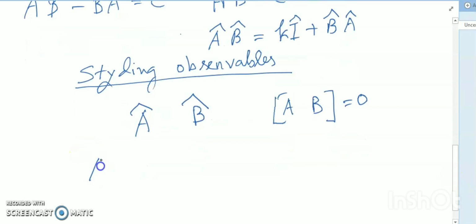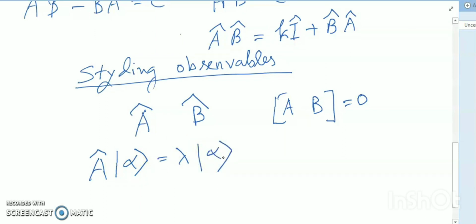Alpha is my eigenvector. An eigenvector alpha of A can be written A alpha equals lambda alpha.